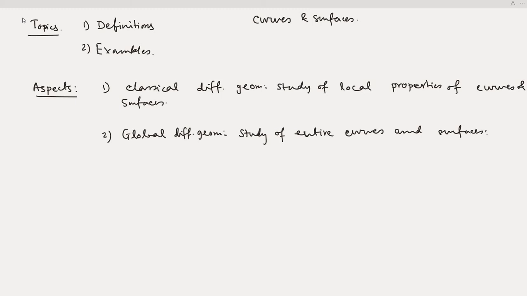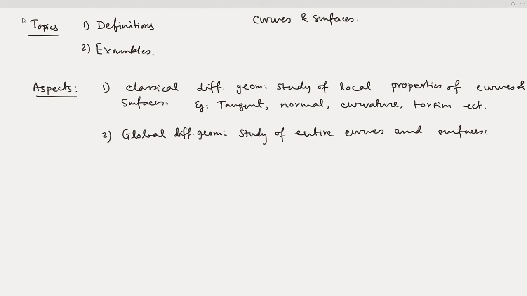Local properties, for example, tangent, normal, curvature, torsion, etc. And for example, global differential geometry, that is, the study of entire curves and surfaces.